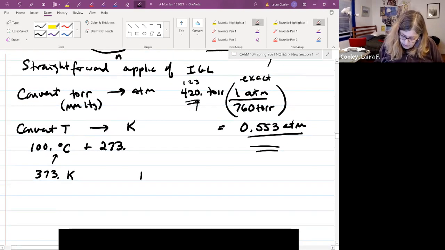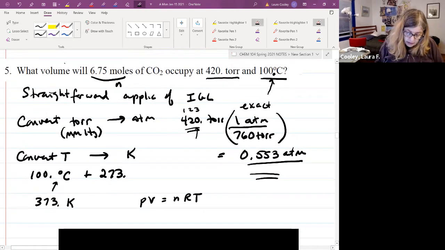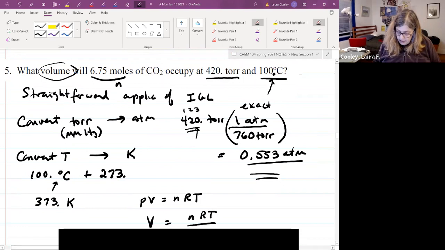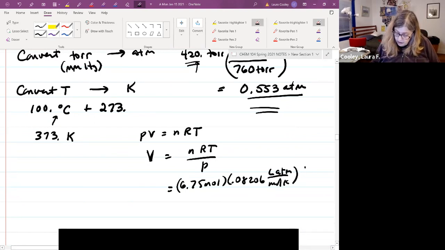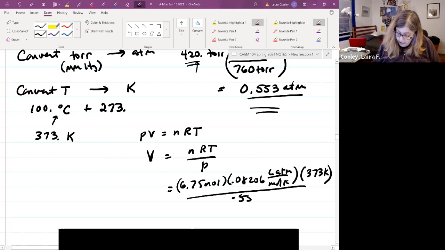So we have PV equals nRT. And what is it we're trying to find? The volume. So V is nRT over P. So it's 6.75 moles times 0.08206 liter atmospheres per mole Kelvin times 373 Kelvin over 0.553 atmospheres pressure.